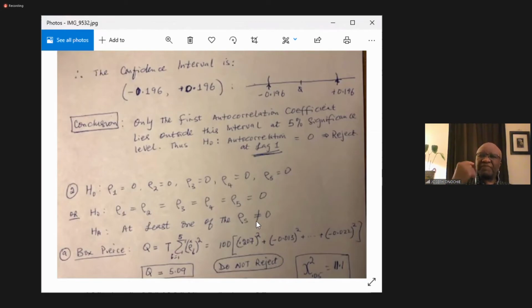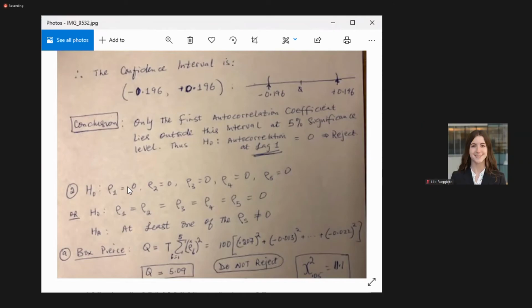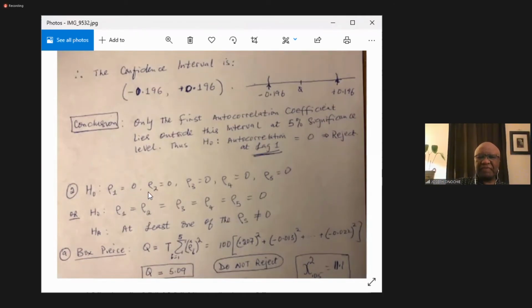If one of them is not 0, then we cannot accept this null hypothesis. Are you with me so far, everybody? Lily, you're okay, good, very good. So even if one of them is not equal to 0, we cannot accept this null, then we have to reject the null, okay? All right, so we're going to use 2 tests.